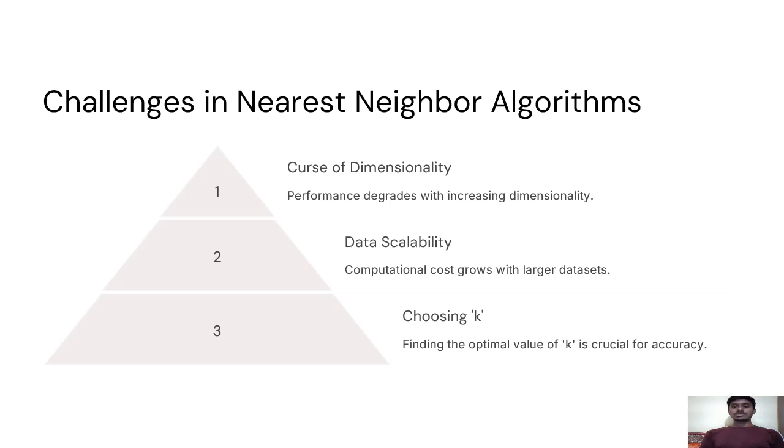Computational cost grows with larger datasets. Finding the optimal value of K is a crucial factor in the KNN algorithm.